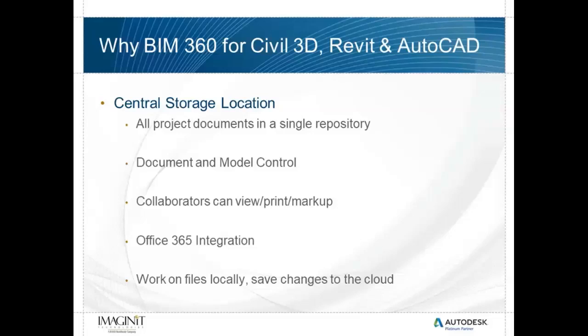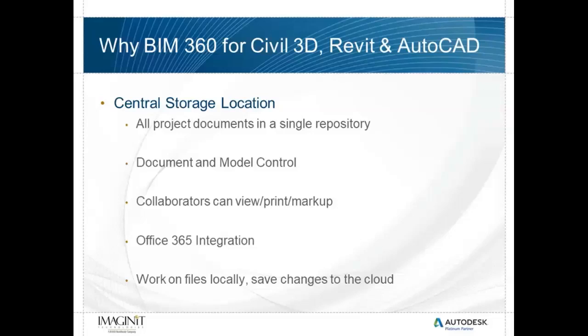You can save your changes from your Revit model to the cloud so that everybody's up to date as to what has changed. Collaborators can view, markup, and print. Office 365 integration, what that means is you can edit a Word document or an Excel document right within the BIM360 interface if you are an Office 365 user.